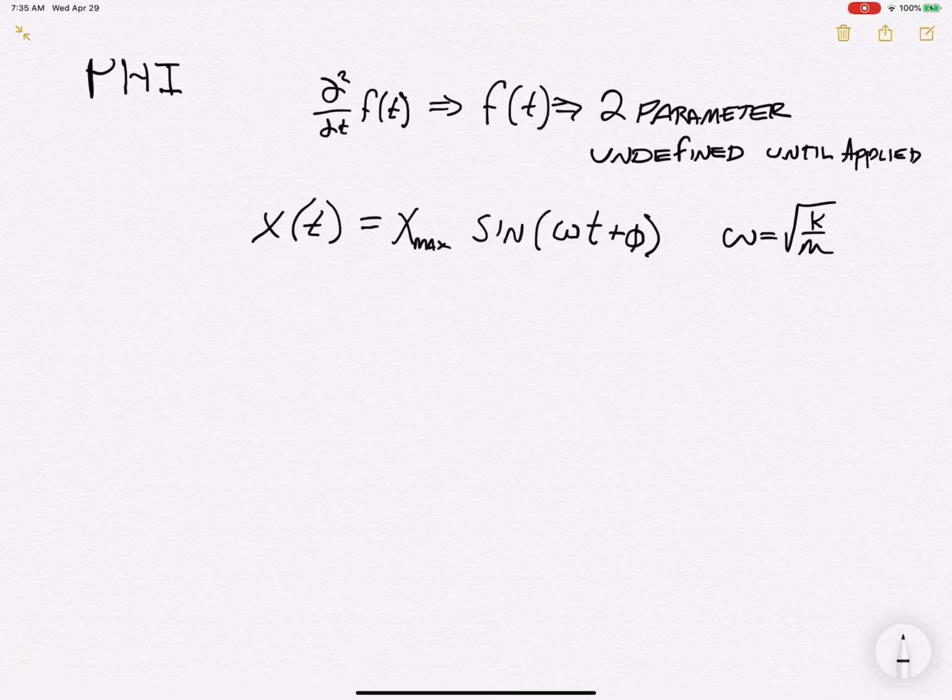So let's go graphical first. A sine graph does this.